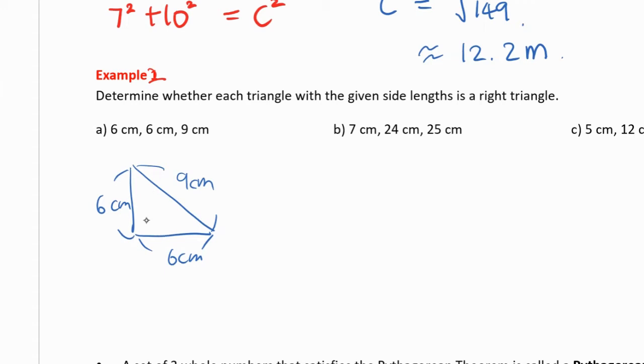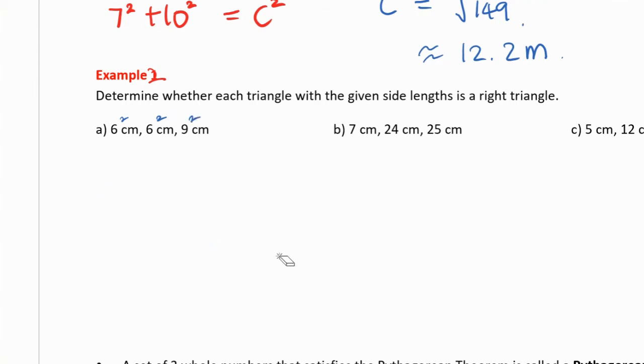What you do is square each number and see if the square of 6 plus the square of 6 equals 9 squared. The square of 6 is 36, the square of 6 is 36, and that is 72.